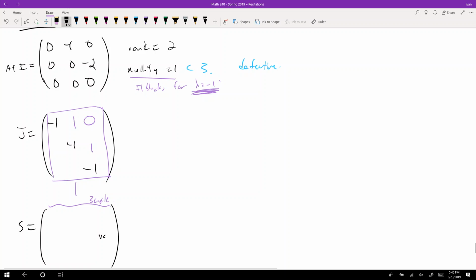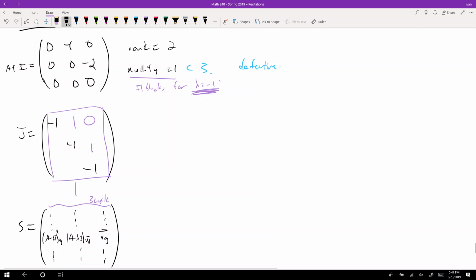We find some generalized eigenvector that generates everything, and then we have A minus lambda I times the generalized eigenvector, and then A minus lambda I squared times the generalized eigenvector. Won't it be V and A minus lambda everything? No, because multiplicity is 3 and you have 1 block. It's a 3 cycle.